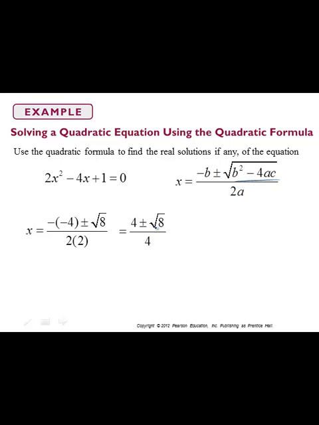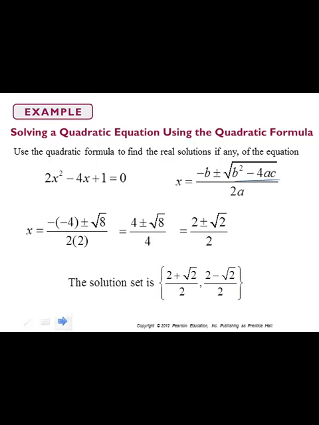Now, remember, we can simplify square root of 8 by pulling out a 4, which will give you 2 times the square root of 2. Then you can cancel a factor of 2 from the numerator and the denominator, leaving you with 2 plus square root of 2 over 2 as one solution, and 2 minus the square root of 2 over 2 as a different solution. So there's your solution set.